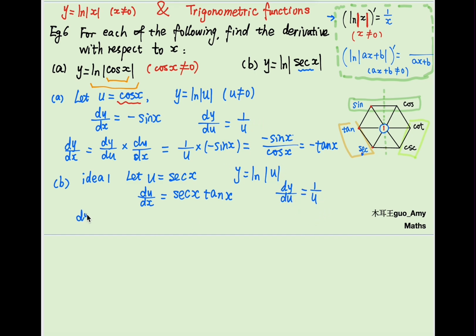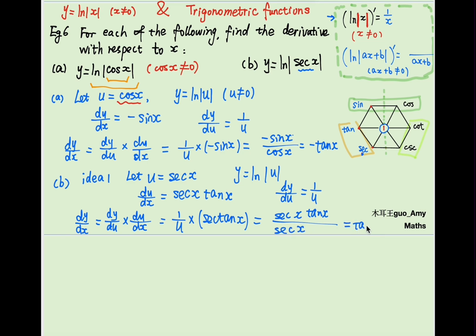We are going to use the chain rule to get the final answer. The final answer is tangent x.